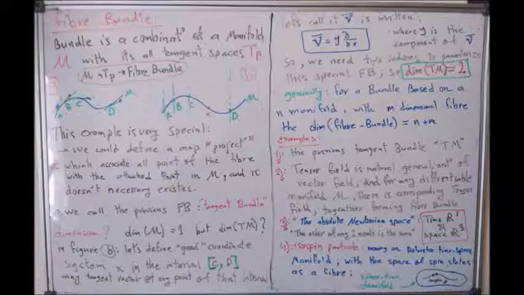This structure, we can form a fiber bundle. But this is the Newtonian, Galilean structure where the order of any two events is the same, no matter where this event happens, and this corresponds to the Newtonian point of view of the world.